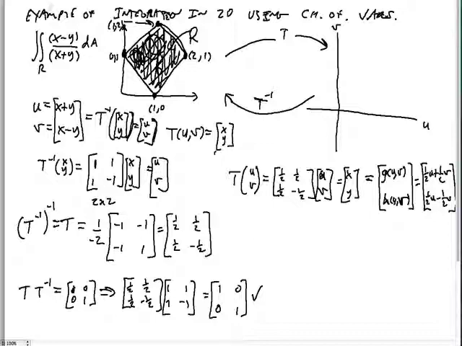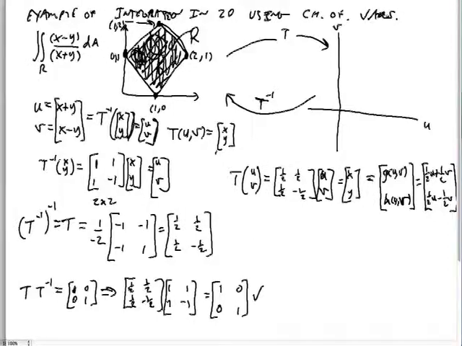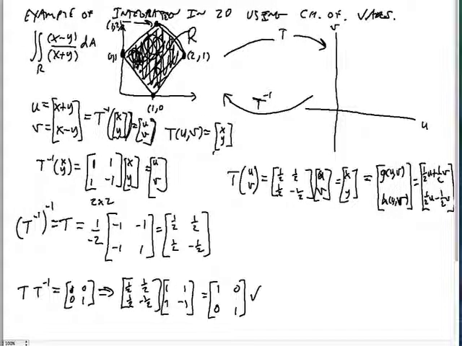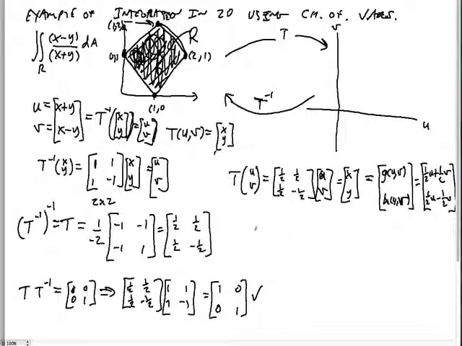Now that we have our transformation, let's compute the Jacobian. So we need to find our change of variables formula. Remember that the Jacobian formula was dA is equal to the absolute value of g_u h_v minus g_v h_u times du dv.